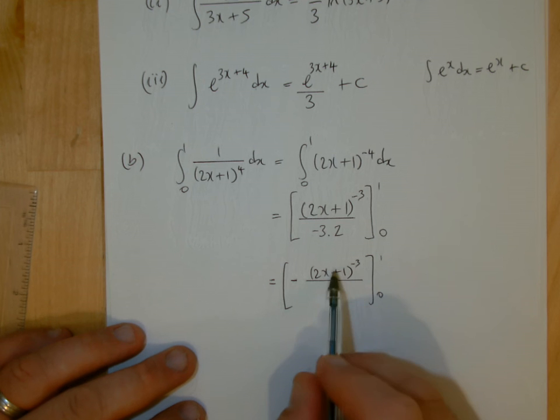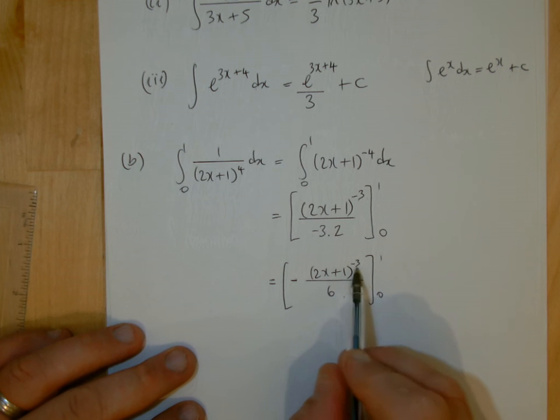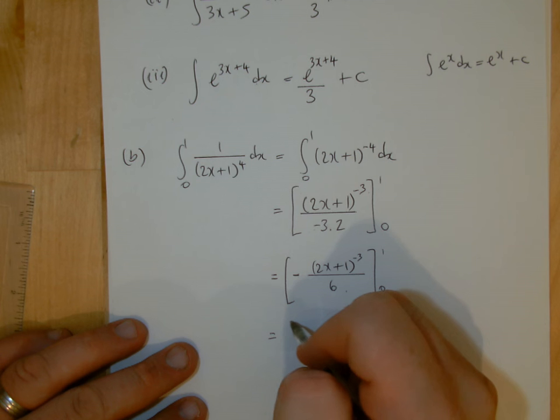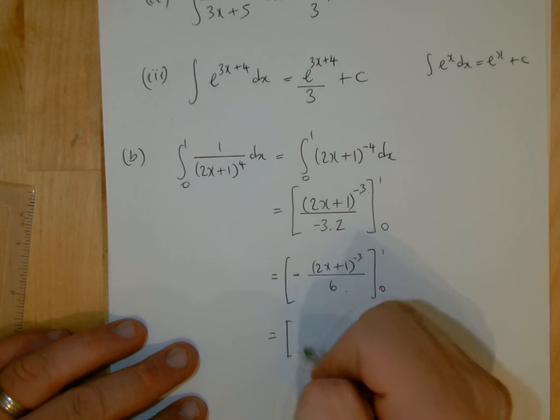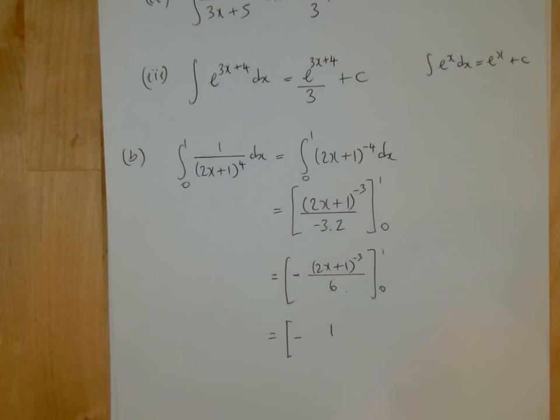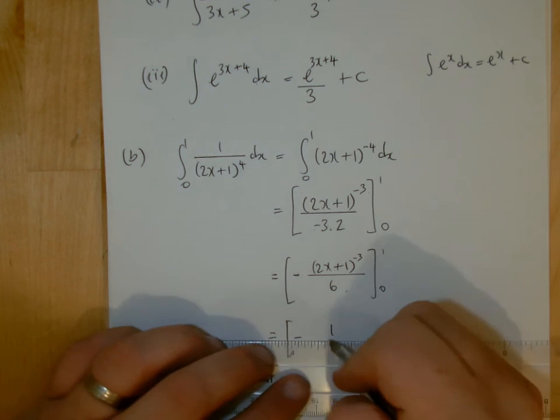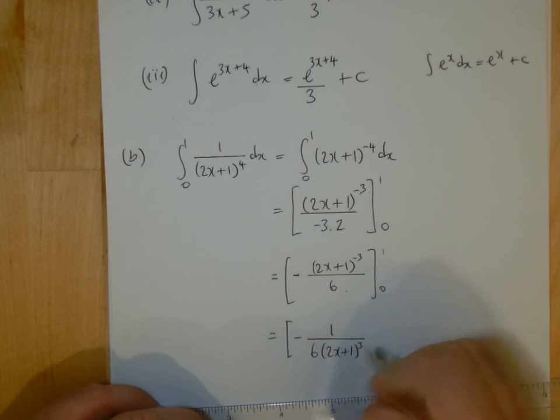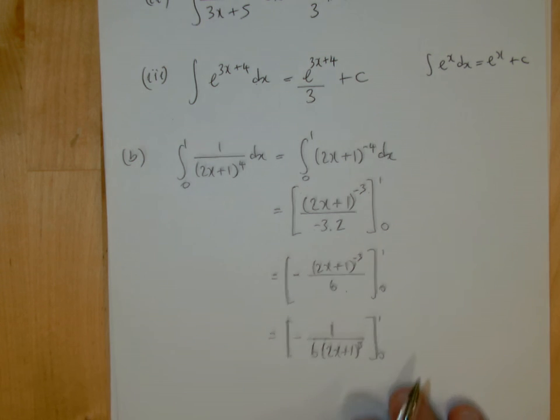The other thing we could do as well is take that bracket down, because it's a negative power. Just make it easier for us when we put the numbers into the calculator. So minus here, well, we'll just put 1 on top there. On the bottom, I'll have 6, and then this bracket cubed between 1 and 0.